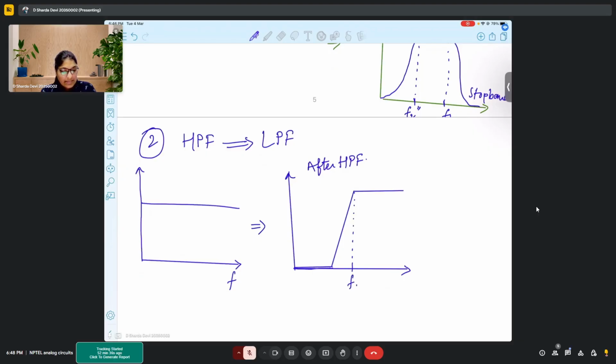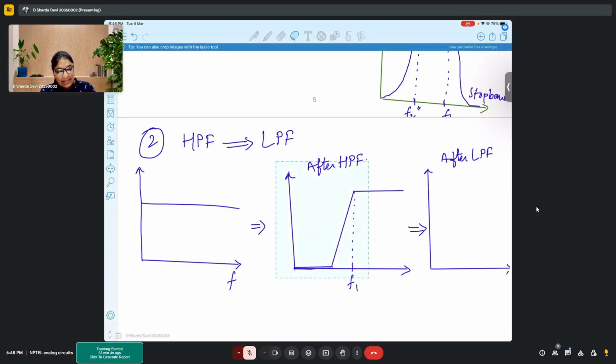This frequency is F1. Now, again, if I pass the same signal through my low pass filter, what is the caution that I have to keep in mind? What is it that I need to keep in mind?